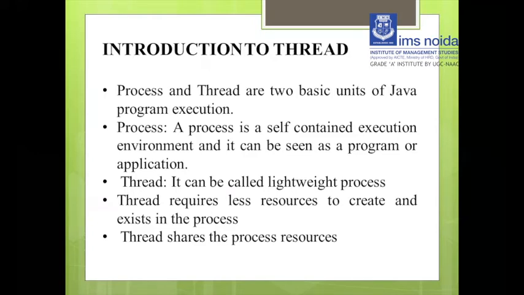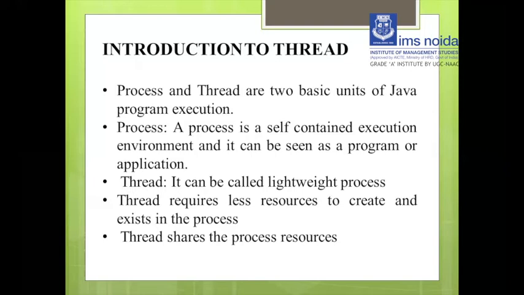Processes and threads are two basic units of Java program execution. A process is a self-contained execution environment, and it can be seen as a program or application. Means a process is a program which is in execution.